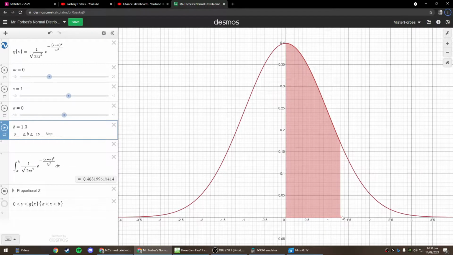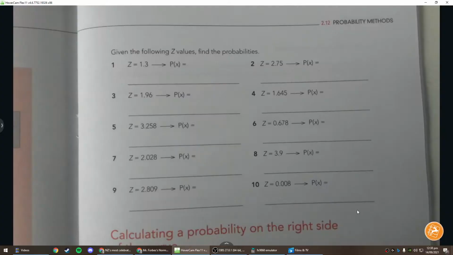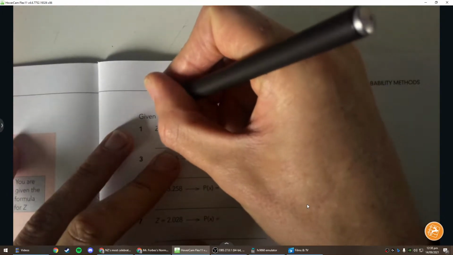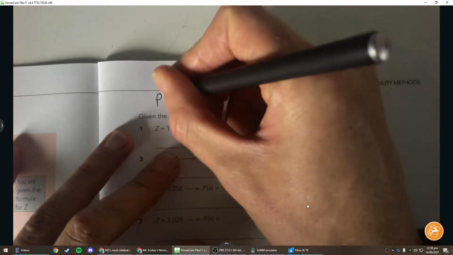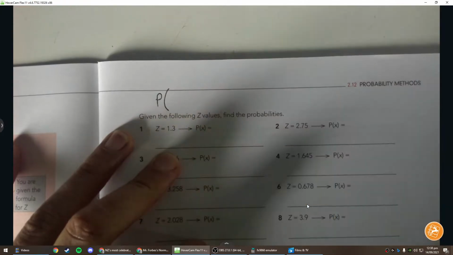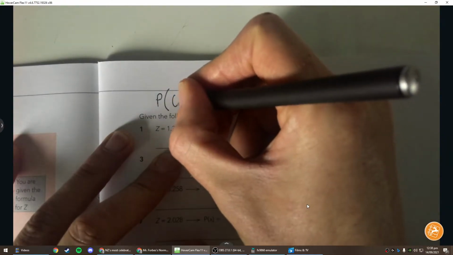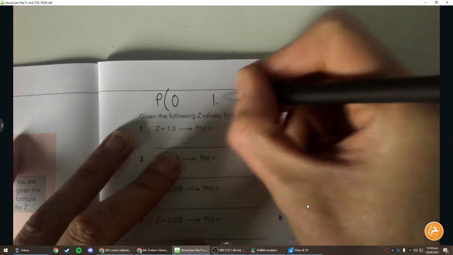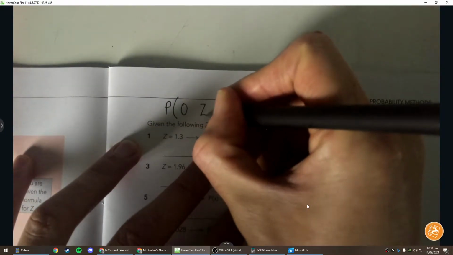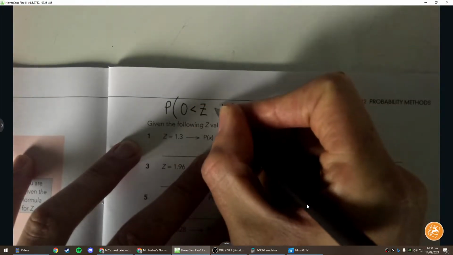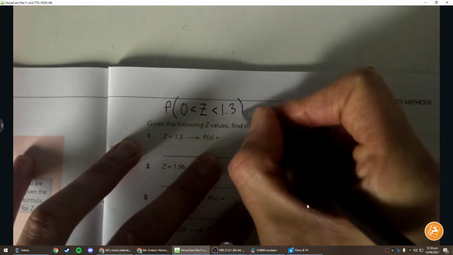In my opinion, they've actually asked the question a little bit wrong. It should look something more like this: what is the probability that the random variable is between 0 and 1.3, using the z distribution? A fancy way to write this is that z is between 0 and 1.3.